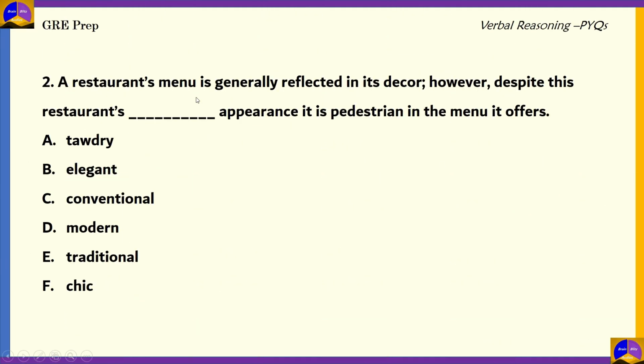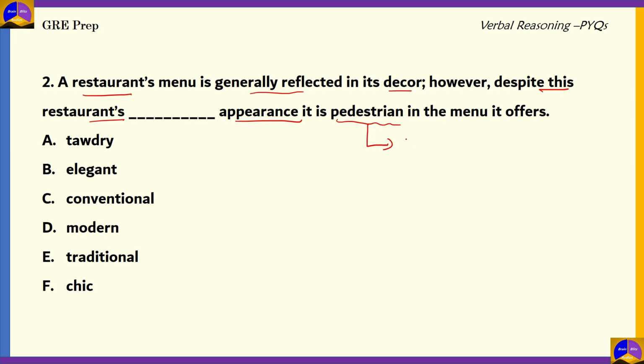Let's look at the next question. Now this one says, a restaurant's menu is generally reflected in its decor. However, despite this restaurant's dash appearance, it is pedestrian in the menu it offers. So in order to unlock the context of this particular question, we need to understand what pedestrian means.